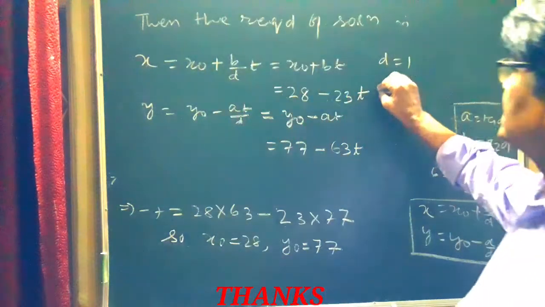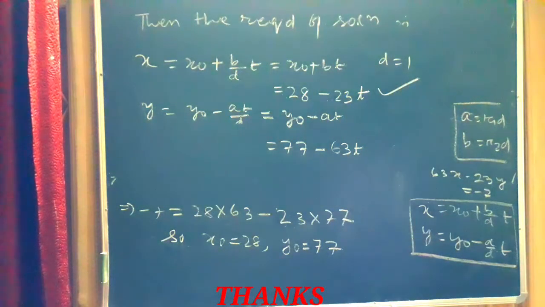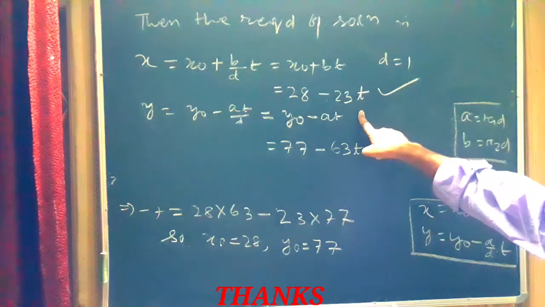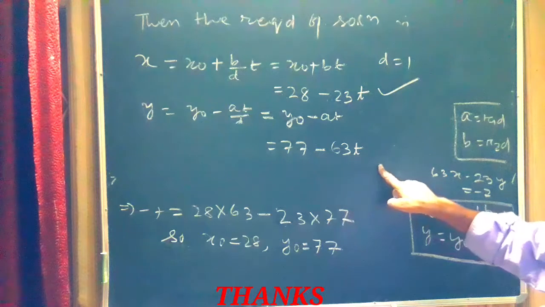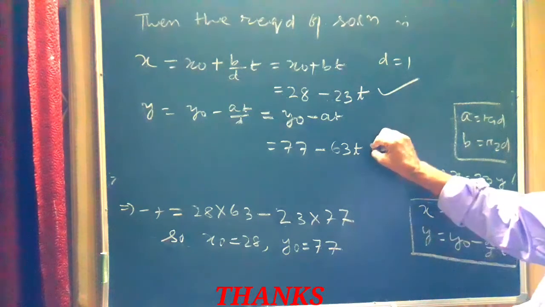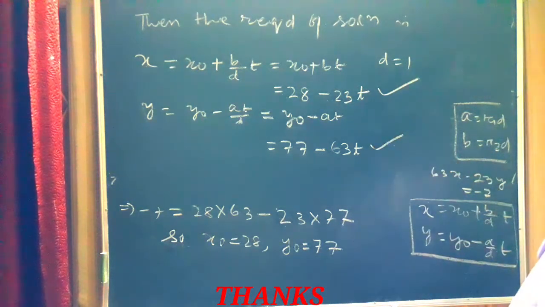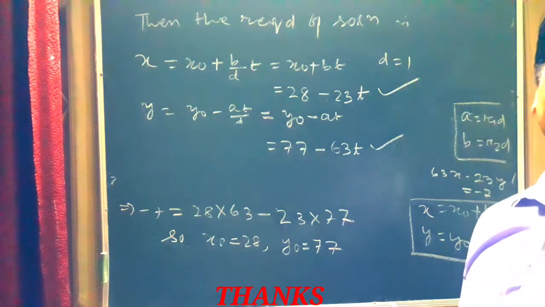So we are getting the solution x = 28 - 23t and y = 77 - 63t. So the problem is completed.